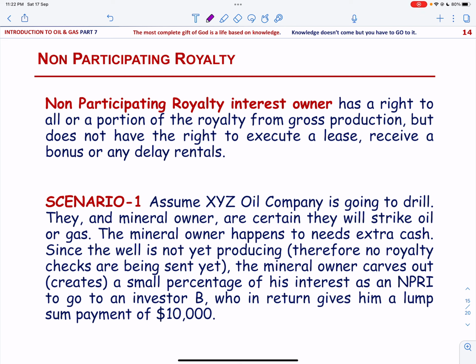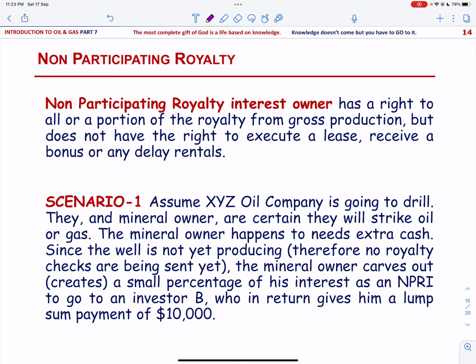Without production, a non-participating royalty interest has no value since there is no revenue. However, these royalty interests are created out of the mineral estate and become a significant burden against future production streams from the royalty interest. Let us look into a scenario in this regard.